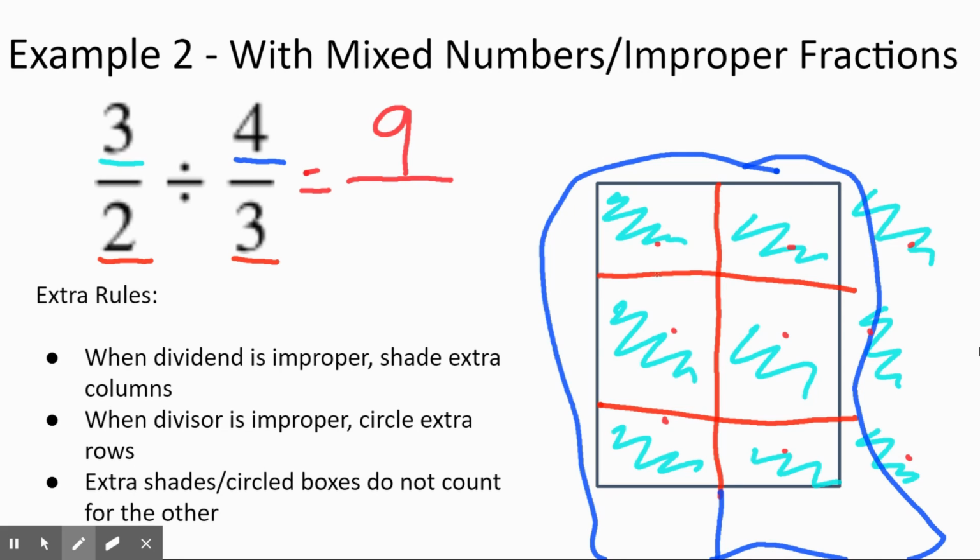And our circled boxes, we have 1, 2, 3, 4, 5, 6, 7, 8. So our denominator is going to be an 8. Notice that when we were counting the things that we had circled, we did not count these 3 boxes as being circled. You only need to circle things if they're in the original model.